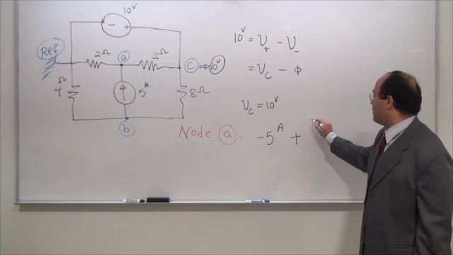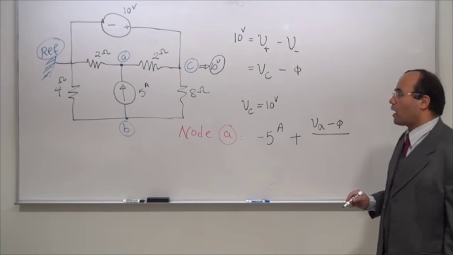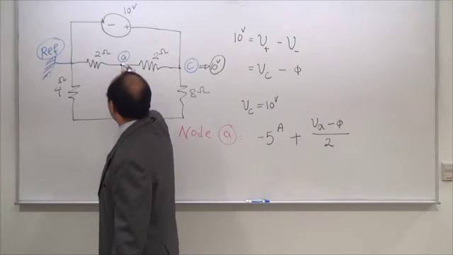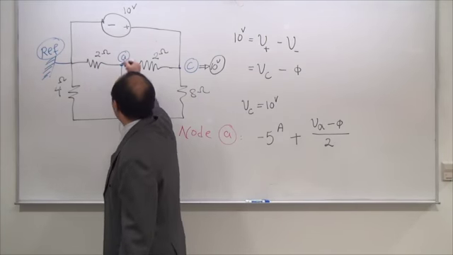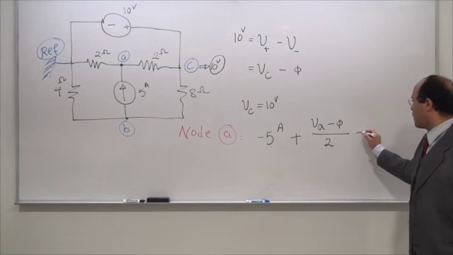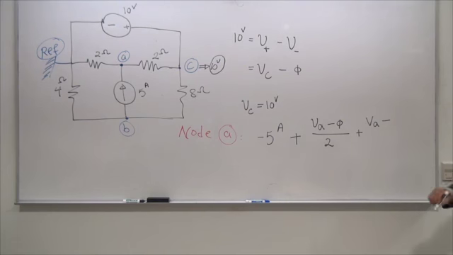Then I'm going to have (VA minus 0) across the 2 ohm, and obviously my idea is this current is leaving. This minus this divided by 2. This minus this divided by 2 again. So this is going to be plus (VA minus VC) divided by 2, equal to 0.